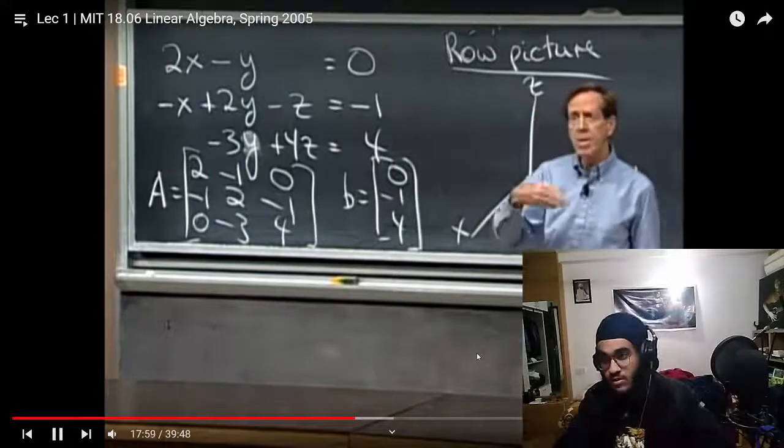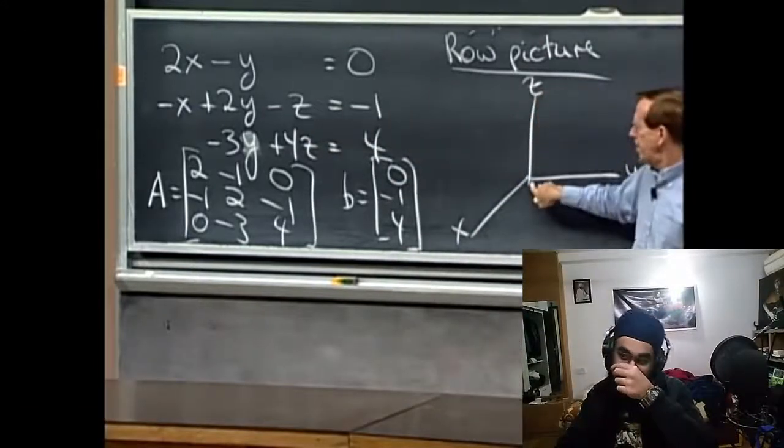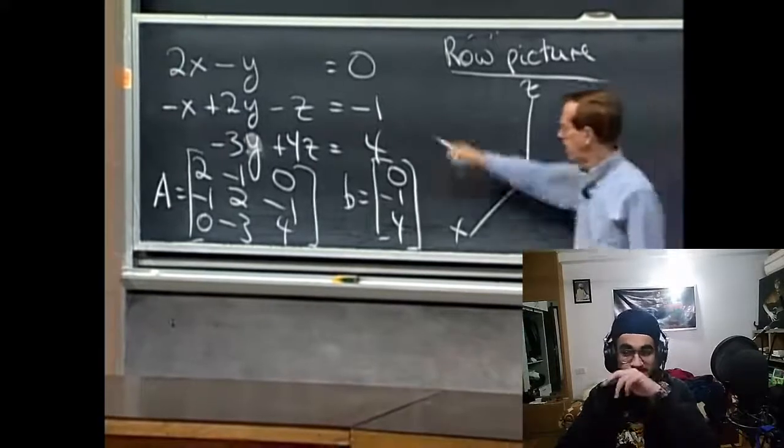If I make a picture of all the x, y, z points that solve this equation, first of all, the origin is not one of them. x, y, z being 0, 0, 0 would not solve that equation.